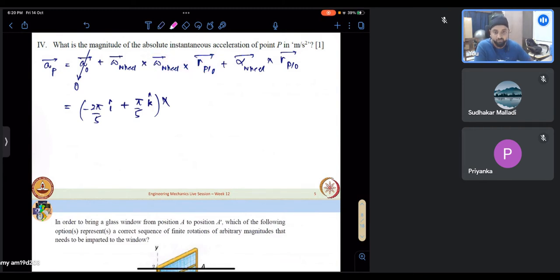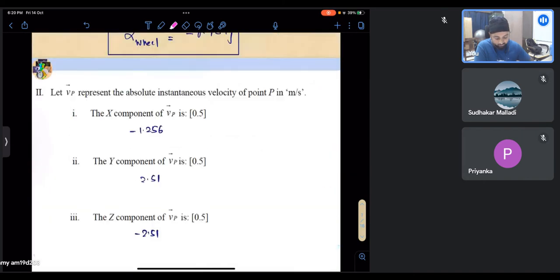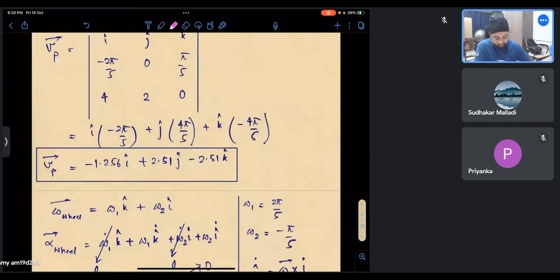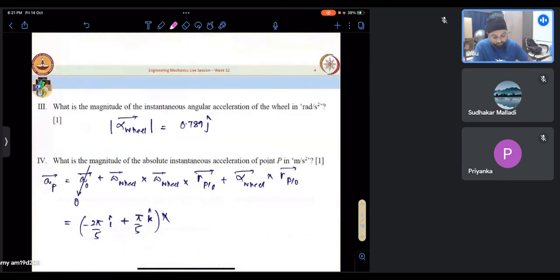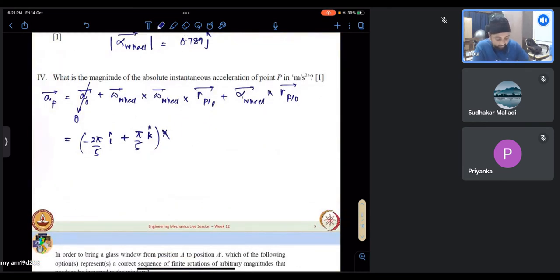It is nothing but velocity of P. So velocity of P, we have it here: minus 1.256, 2.51, 2.51. So I can directly write it instead of doing the cross products all over again. So it is minus 1.256 I plus 2.51 J minus 2.51 K cap. So we have accounted for that.